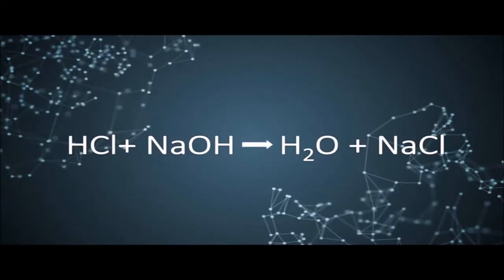And this is hydrochloric acid reacting with sodium hydroxide to form water and sodium chloride. This is the chemical reaction that we are going to use in the lab today. This kind of titration is titration of a strong acid with a strong base.